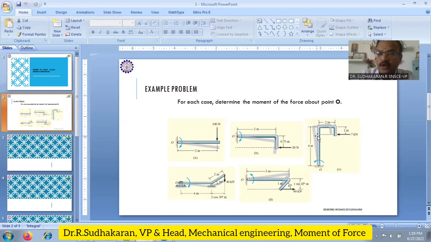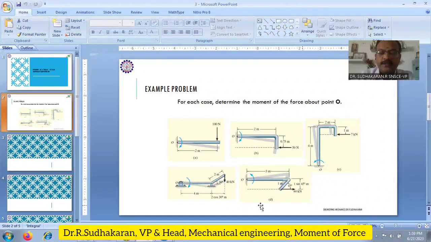This distance is 1 meter and this distance is 4, so the total distance is 4 meters, and this is going to be 3 meters. So force into perpendicular distance, 7 into 3, that is 21 kilonewton meter is the answer for this particular problem.